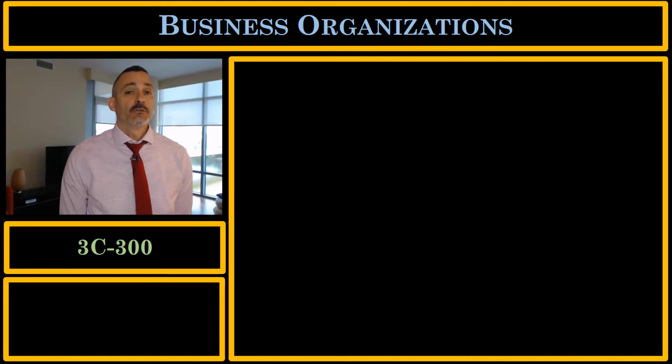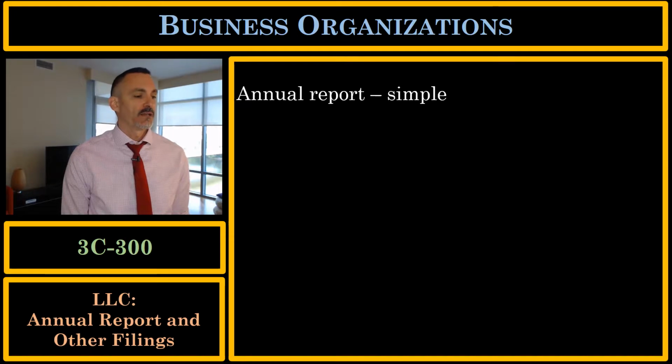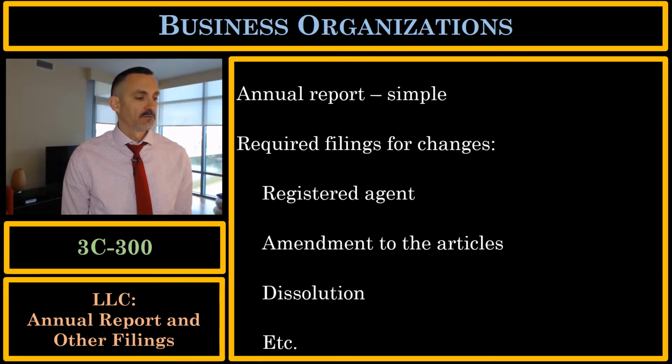All right, similar to a corporation, once you have formed your LLC, there are certain regular filings that you have to make with the Secretary of State, namely the annual report and certain other filings. Just like we discussed with the corporation, the annual report that you need to file with the Secretary of State is quite simple.